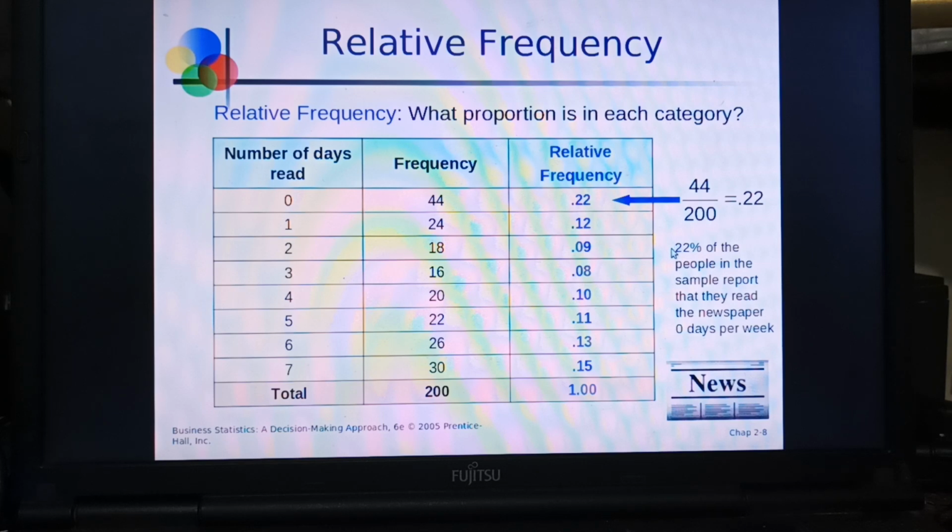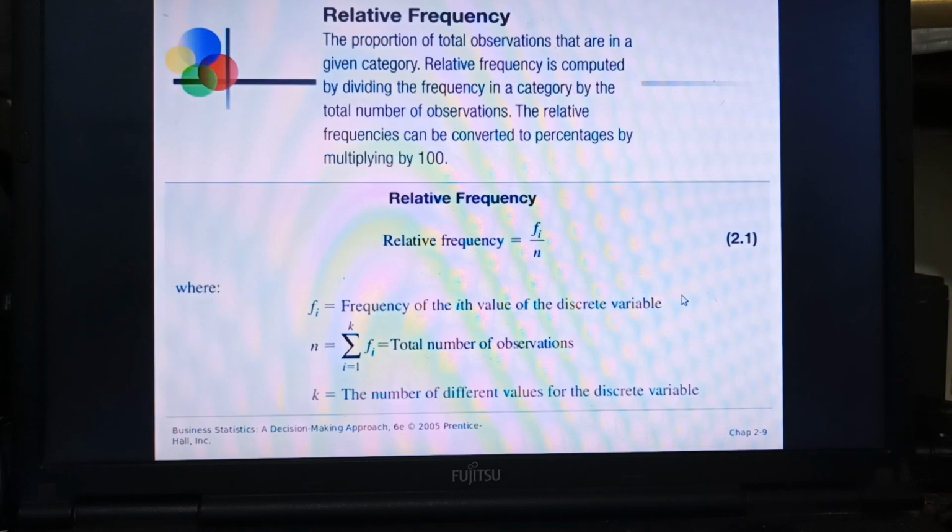It's actually a percentage of the total population that belongs to a certain category. The proportion of total observations that are in a given category, that's the relative frequency.